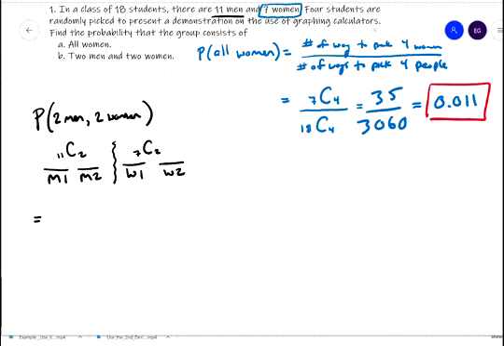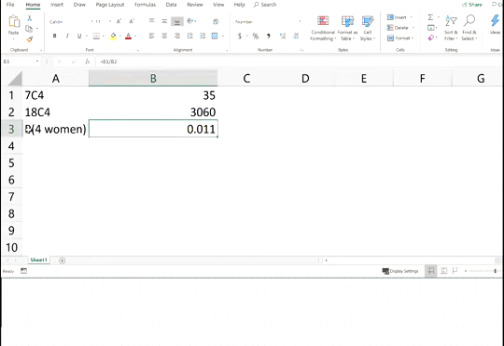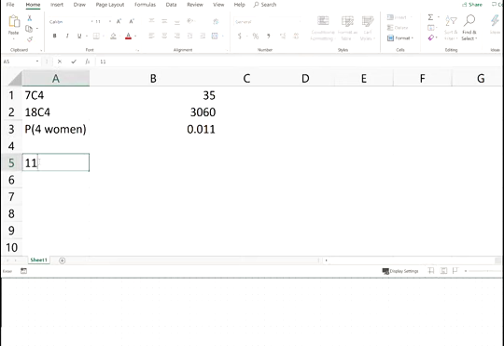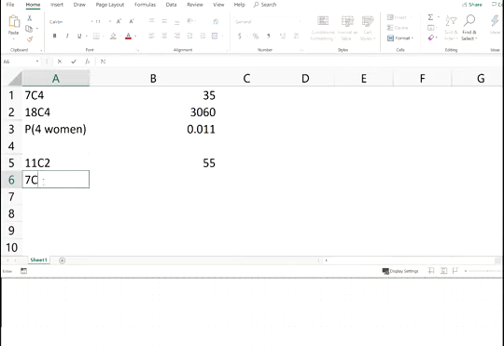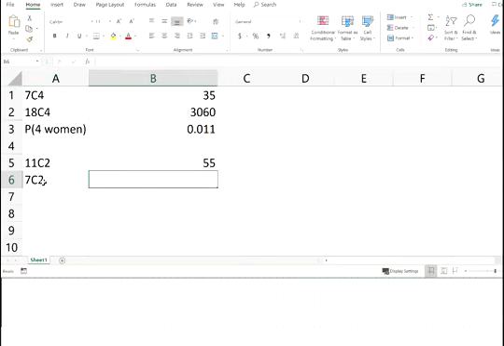Okay, I'll go back to Excel for this one. So we'll have 11 combination 2. Okay, so we have equal, COMBIN. Number of objects is 11. The number we're choosing is 2. So we have 55. And for the women, the 7, and we're choosing 2 of them.